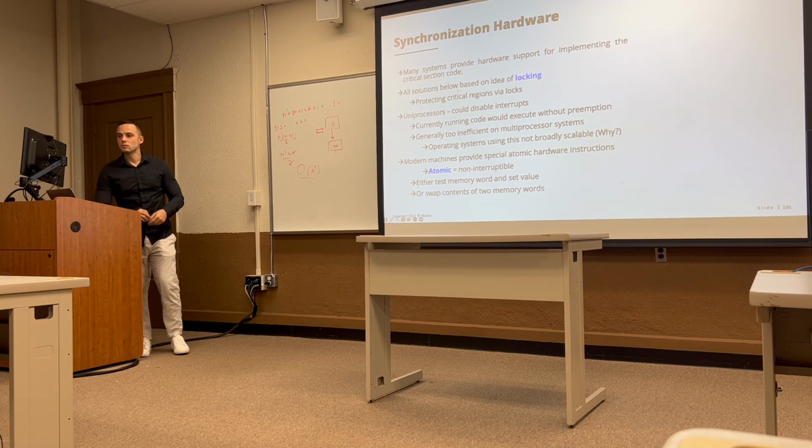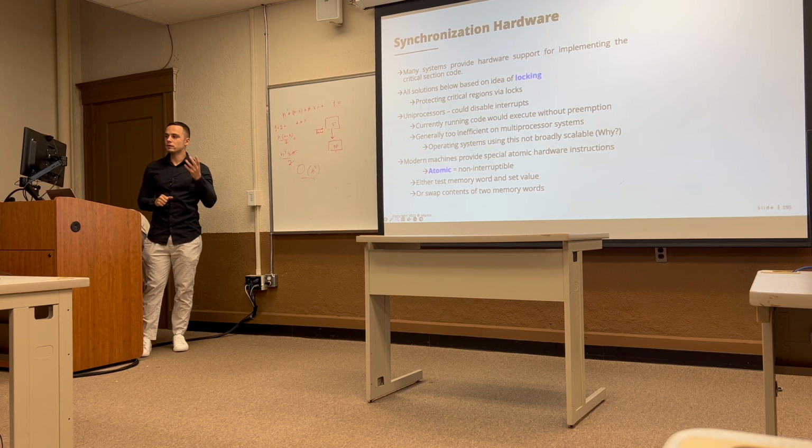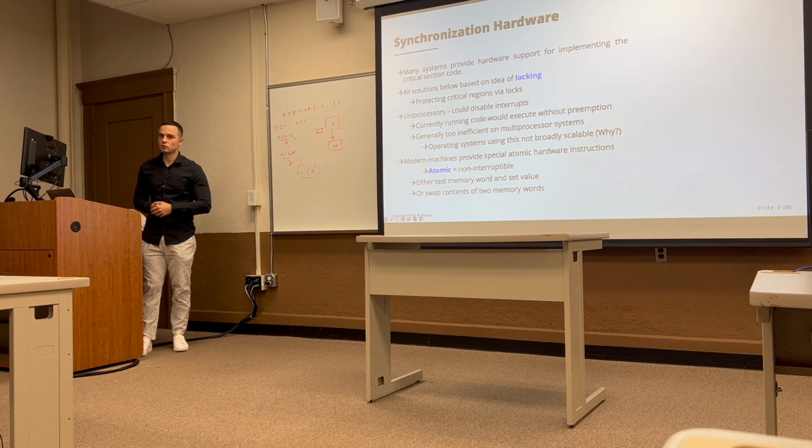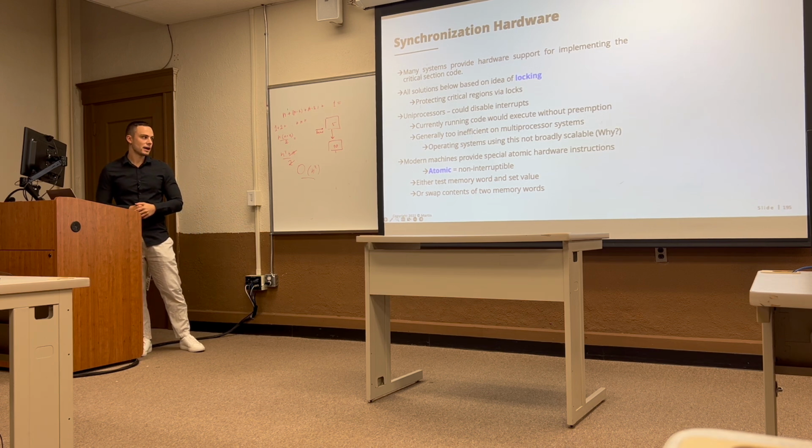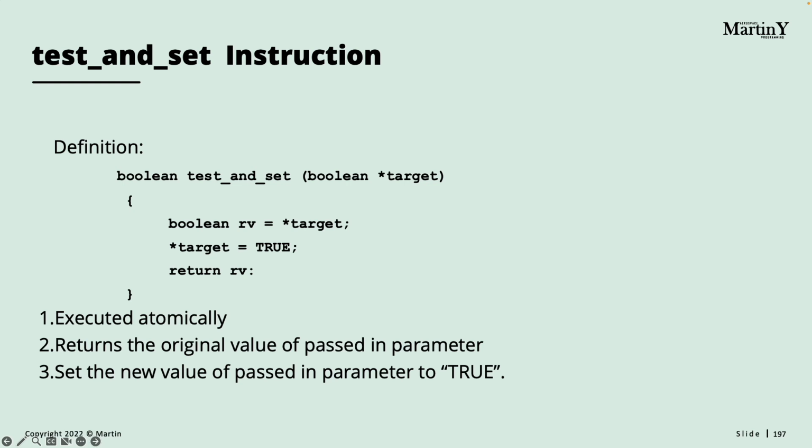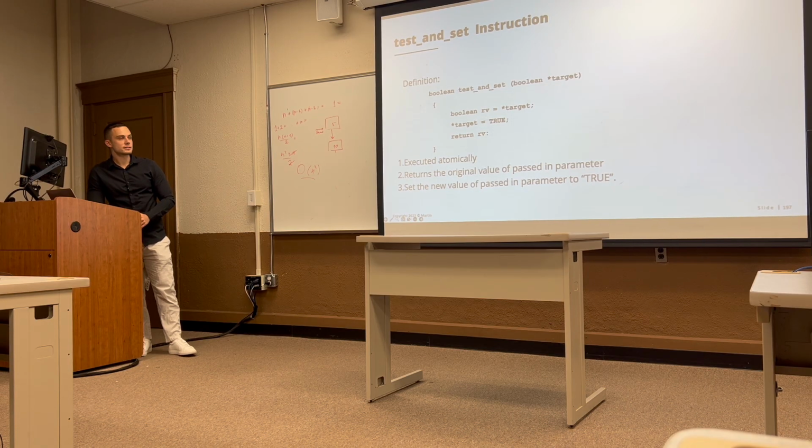So those can run in the background when we create any type of process. Those instructions start working for the process, so any resources that the process takes cannot be taken by other processes. So the first solution for working with multiple processes is called the test and set instruction.